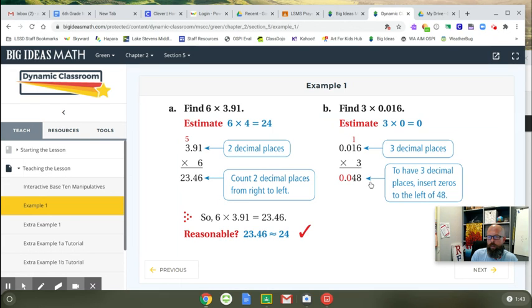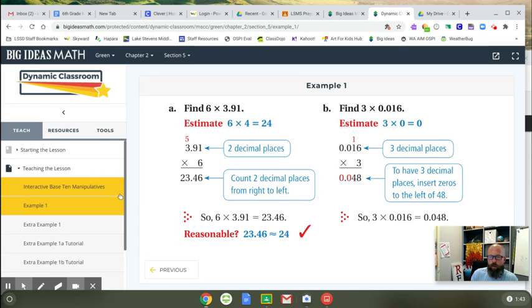This one has 0. So in my answer, after I multiply, I just start here and I count 3 decimal places. 1, 2, 3. And since there was no number here, I put a 0 to hold that place. Since you only see a 4 and an 8, if you have to go one more decimal place, you put a 0 there to hold on to that spot. All right.